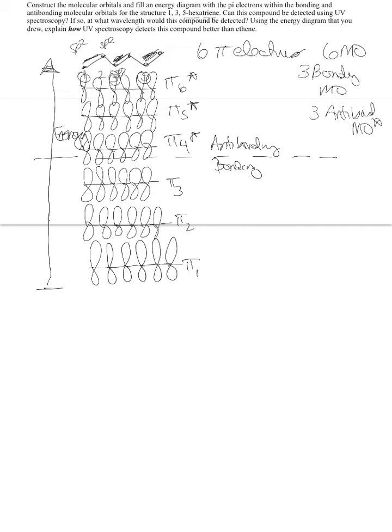Stable molecules tend to have filled bonding molecular orbitals and no electrons in the anti-bonding molecular orbitals. So the goal here is to focus on these 6 pi electrons, and we're going to put those in the lowest energy and fill up from the bottom to the top.